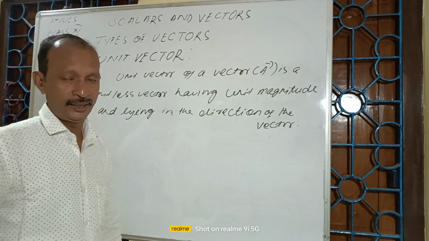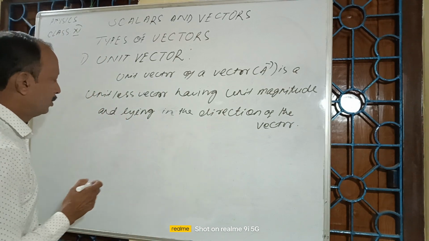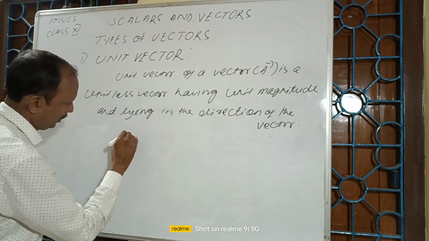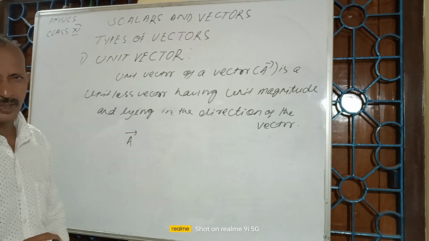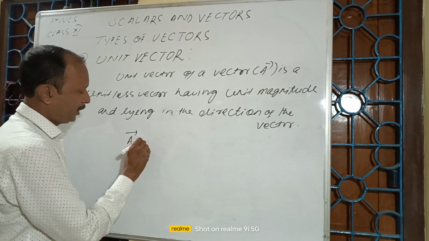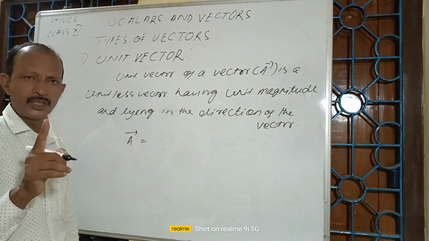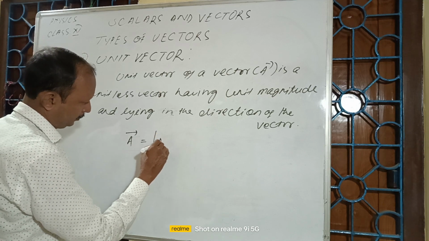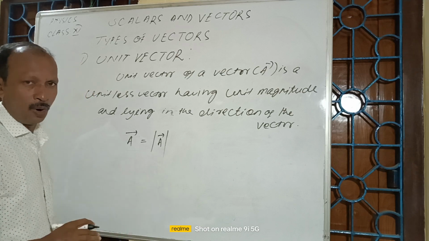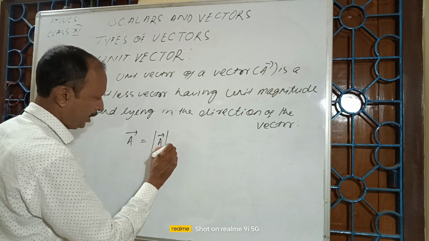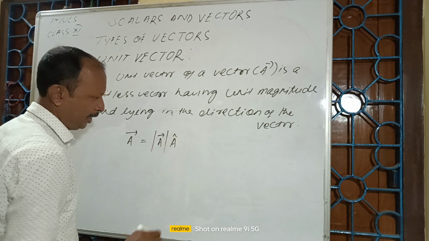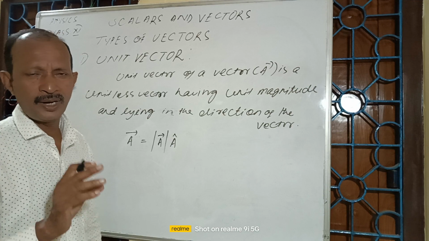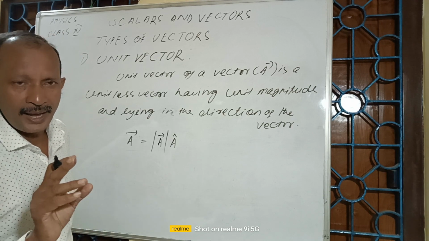Then how do we write it? Here, suppose A represents the vector. In a vector there is a magnitude as well as direction. The magnitude I can write in the form of mod A, and the direction I can write in the form of A cap. Cap or hat is used to represent the direction only.